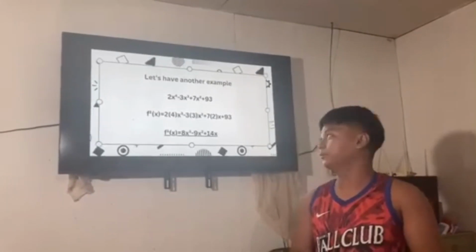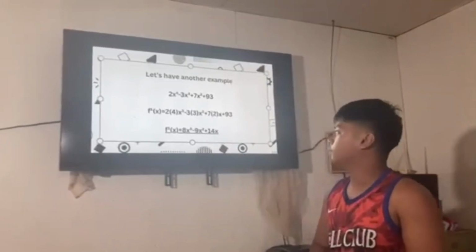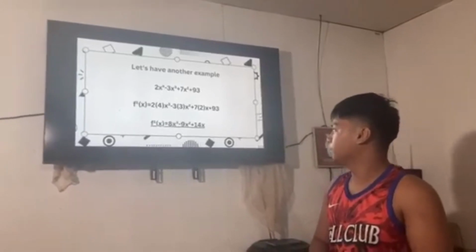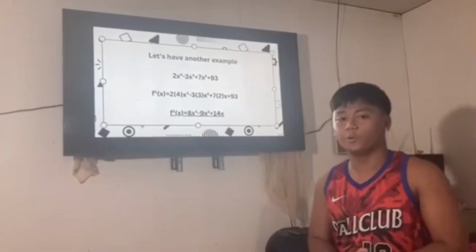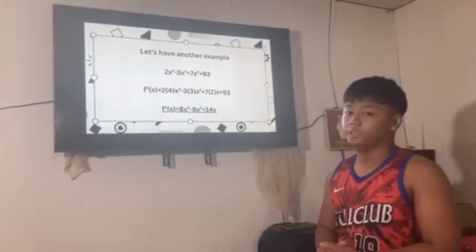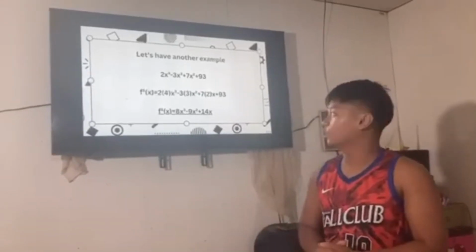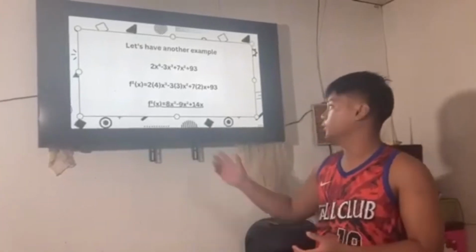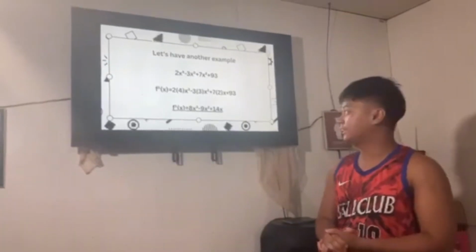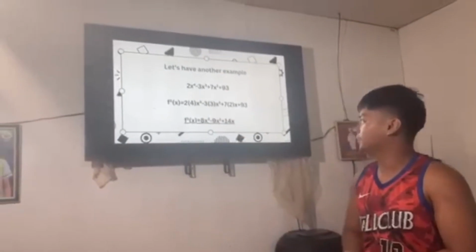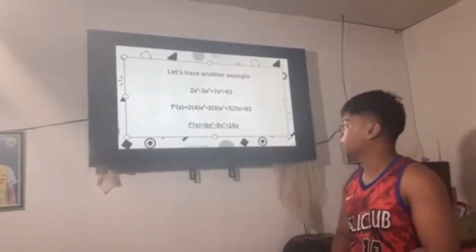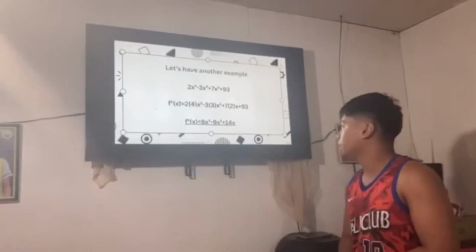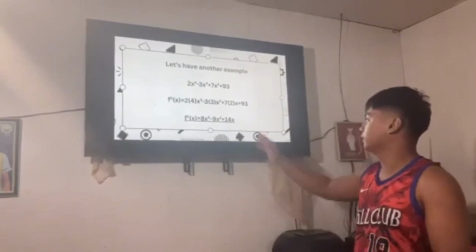Let's have another example. Here we have 2x to the power of 4 minus 3x cubed plus 7x squared plus 93. So we all know in getting the derivative, we multiply the exponent to our coefficient, and after that we subtract the exponent by 1, and that leads us to f prime of x equals 2 times 4 x cubed minus 3 times 3 x squared plus 2 times 7 x plus 93.